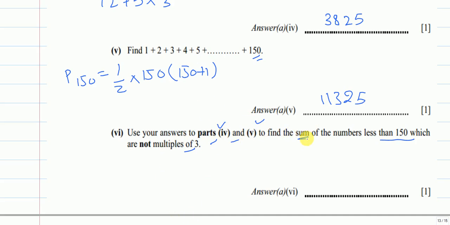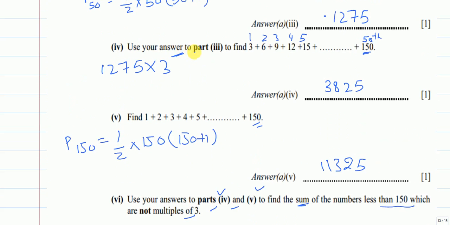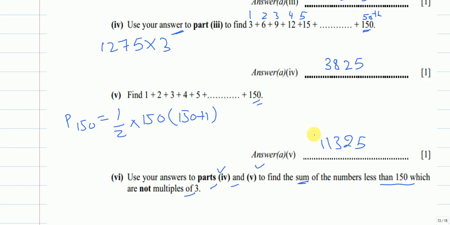Okay, what we have to find is the sum, and you can see these are the sums which we have been calculating. These are the sum of the numbers less than 150. It means up to 150, and we have already found the sum up to 150, right? But they say they should not be multiples of 3.